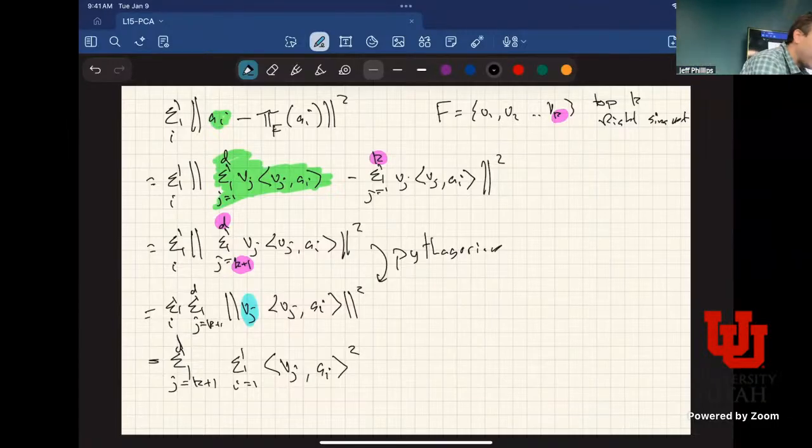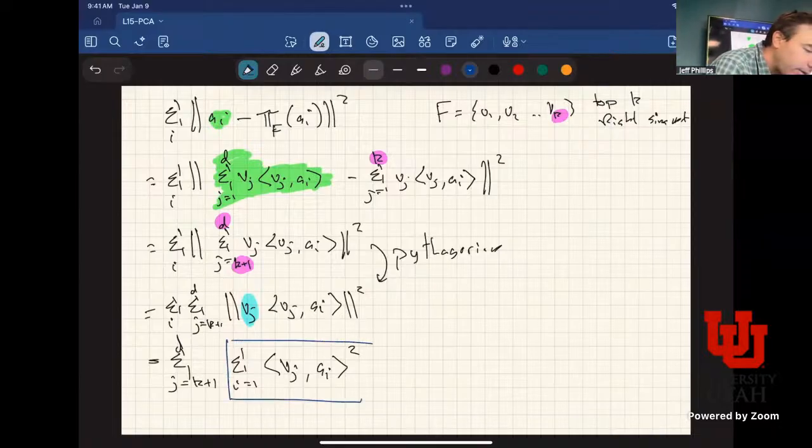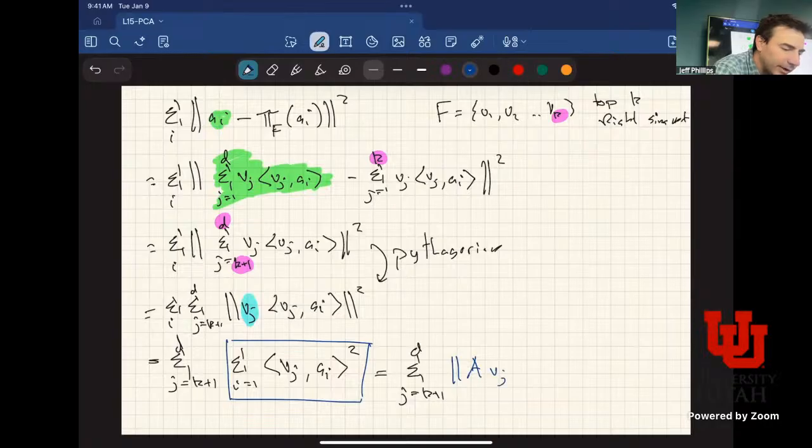Okay, now I can look at this guy, and I can write that sum over j equals k plus 1 to d, times, this is actually A times Vj squared. Because I'm summing over all the terms in the matrix A, I can write the matrix A times this Vj.